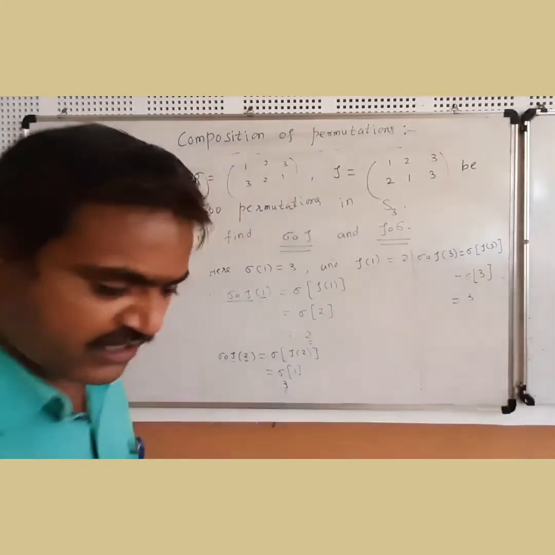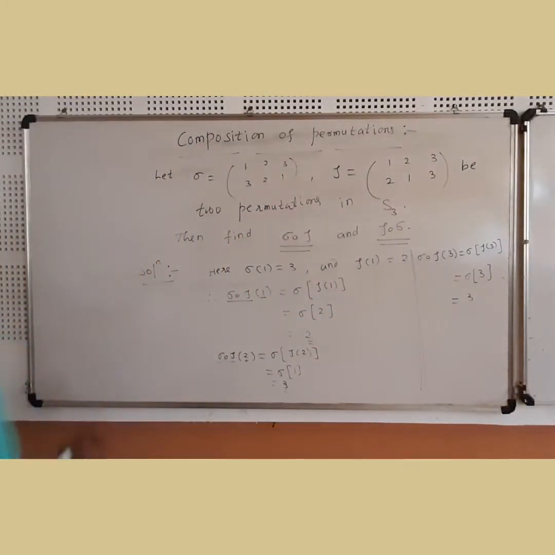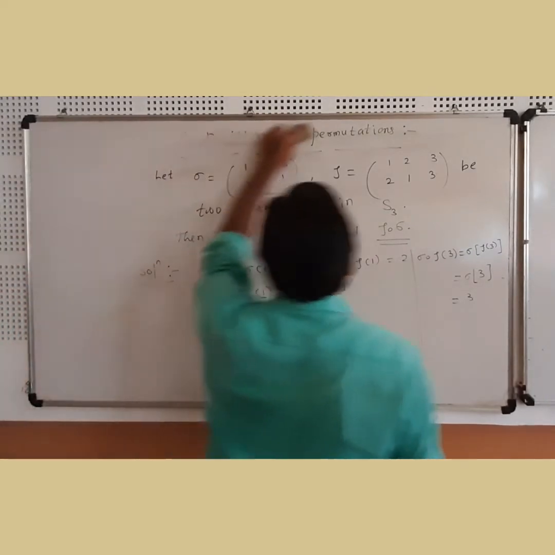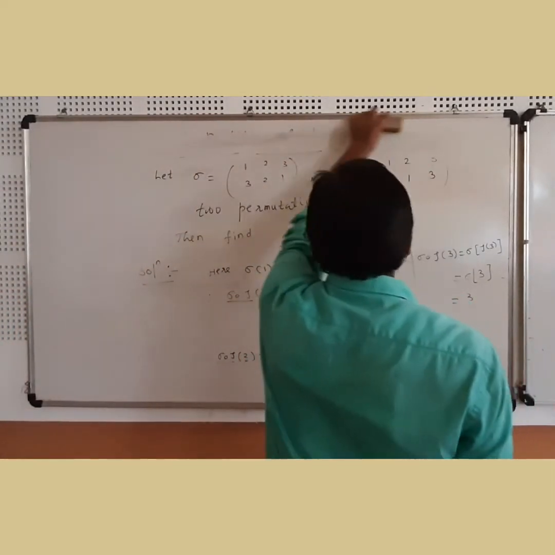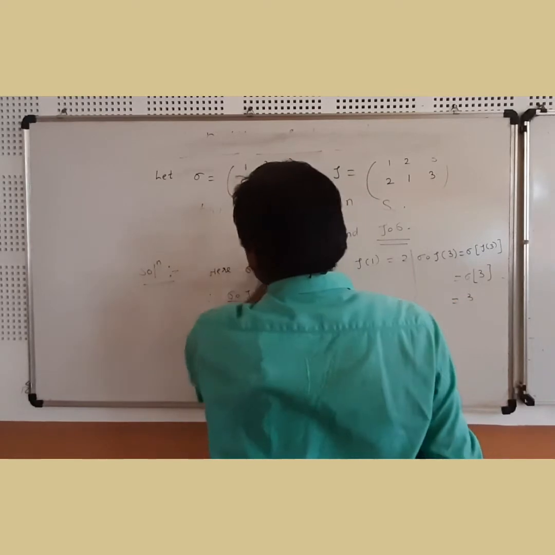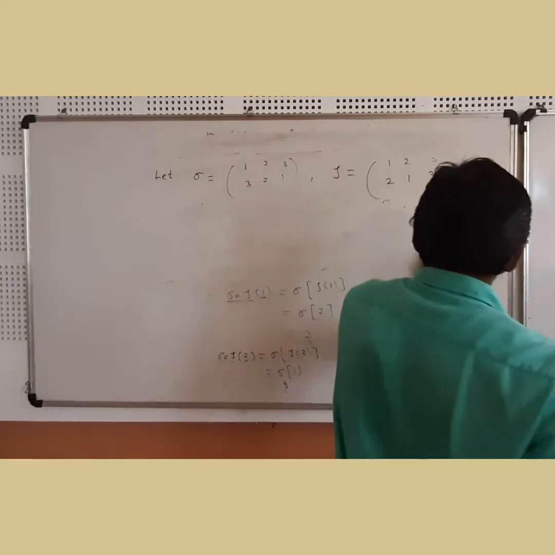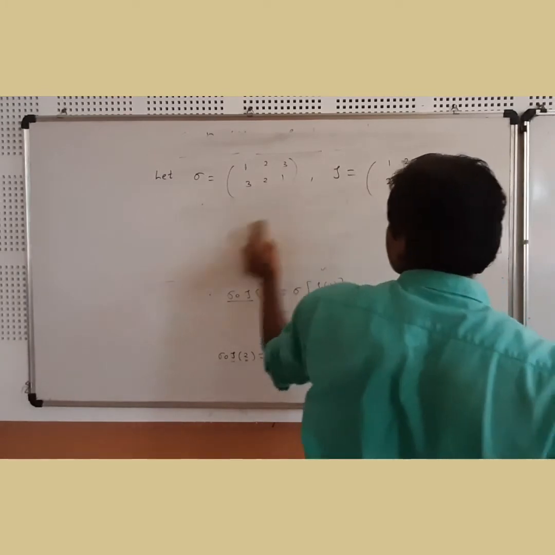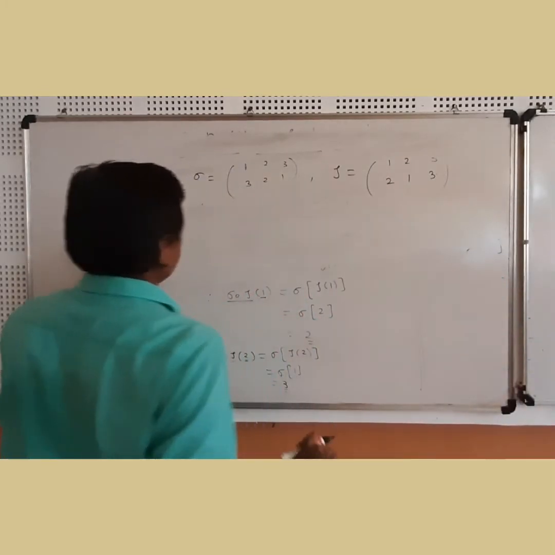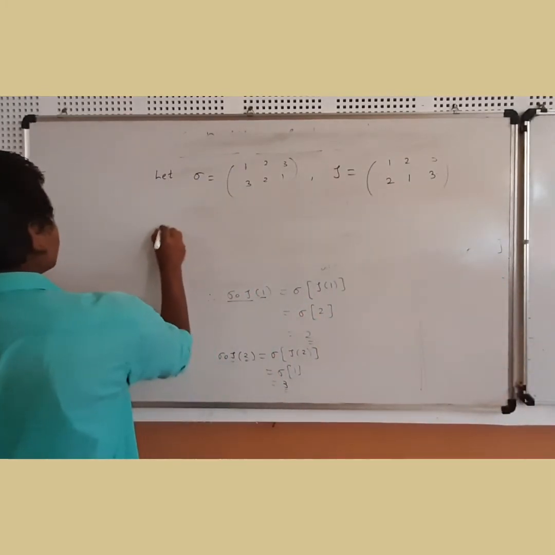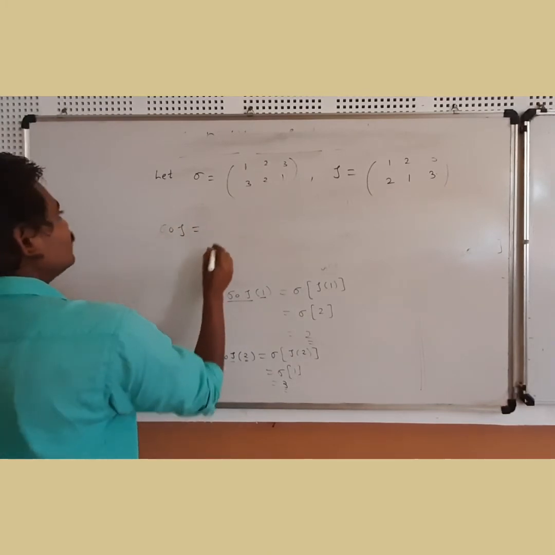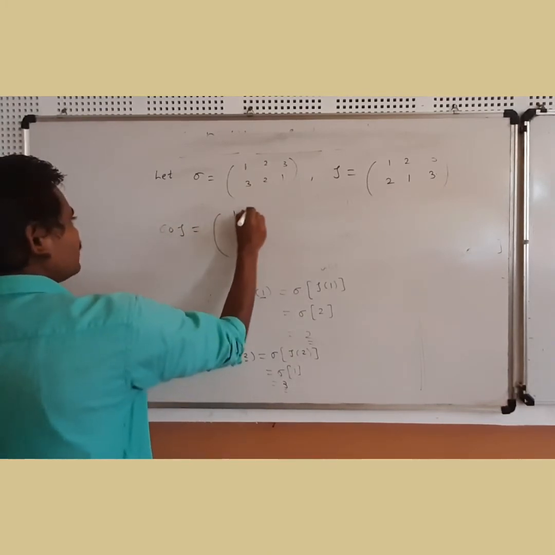Therefore, sigma circle tau is equal to 1, 2, 3.